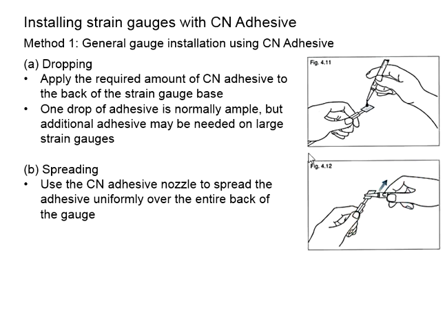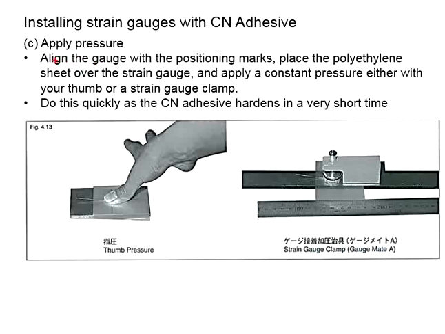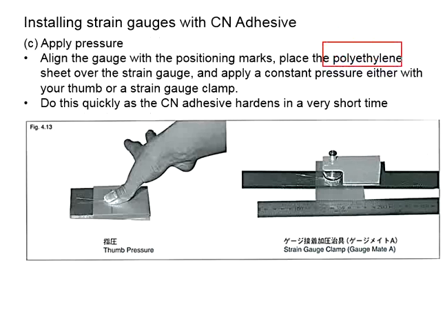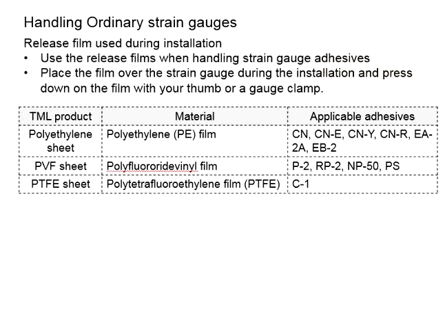Something like this. Next, align the strain gauge in the positioning marks. Make sure the measurement axis fit nicely with the positions mark. And then place the release film, which for CN series, polyethylene sheet will be used.